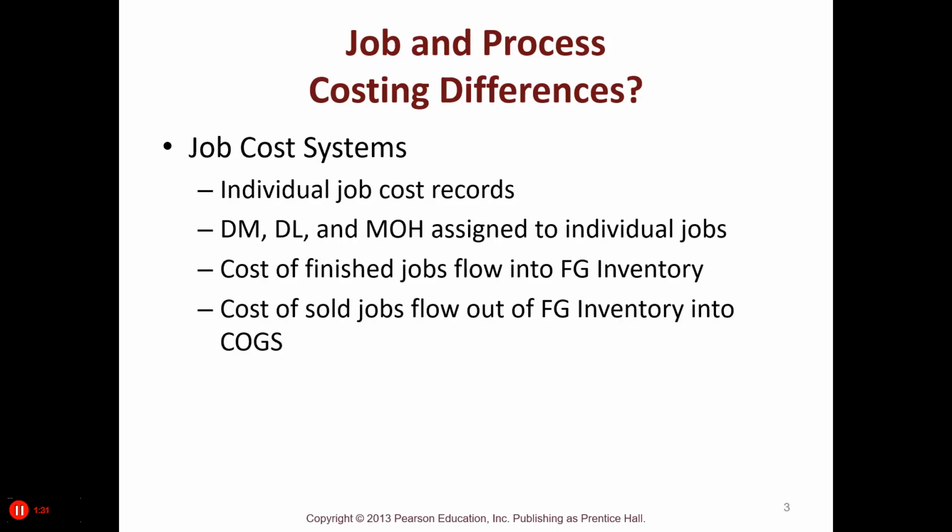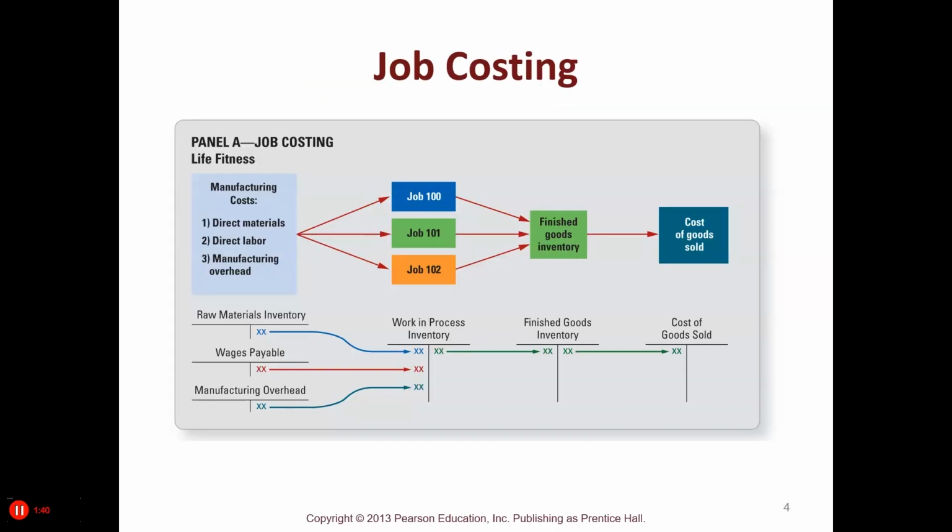So let's look at this wonderful flow chart. I really like this. This is also in your textbook, so you can visualize the process. So what we do is we take raw materials and we take our wages and our manufacturing overhead, the three components. And what we're going to do is we're going to transfer them into each department on a per job basis.